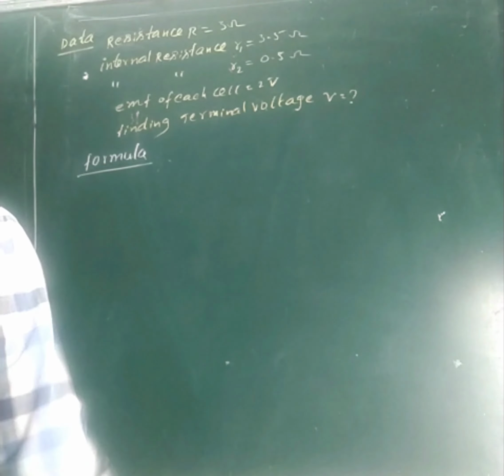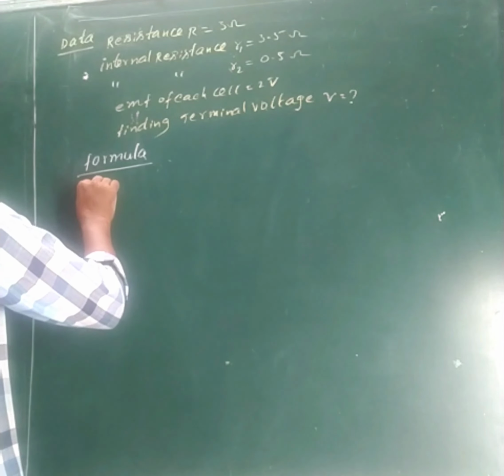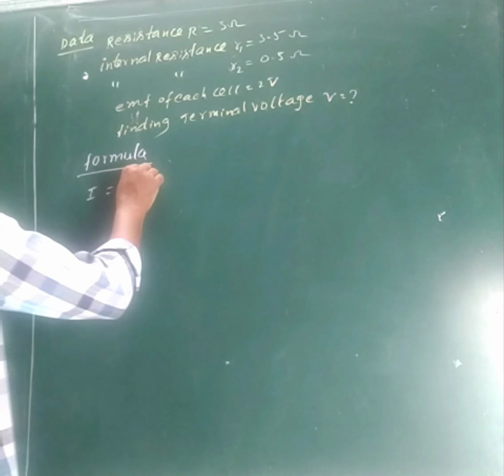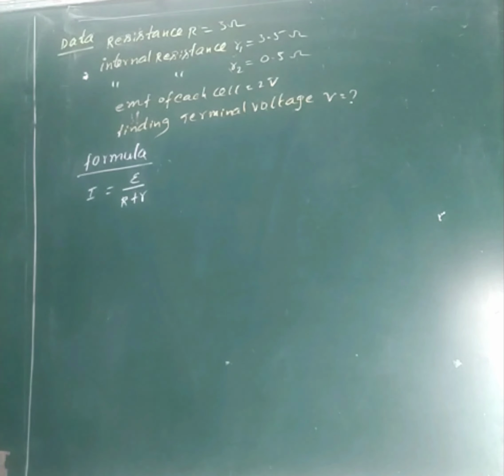Formula for finding the total current: I is equivalent to E by external resistance capital R and internal resistance r. E equivalent we can write as, how many batteries are there? 2 batteries are there, connected in series.